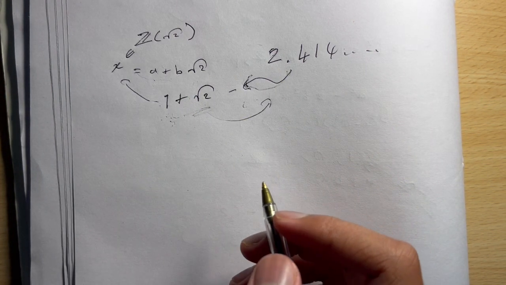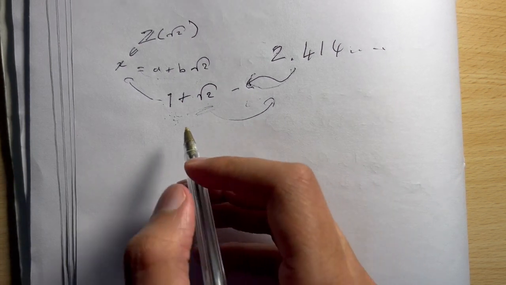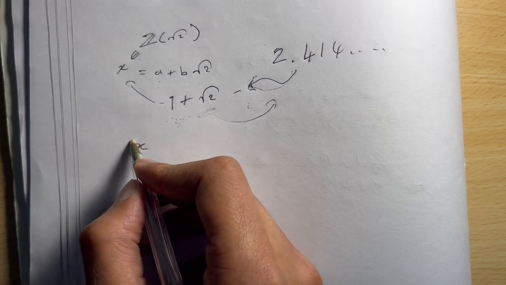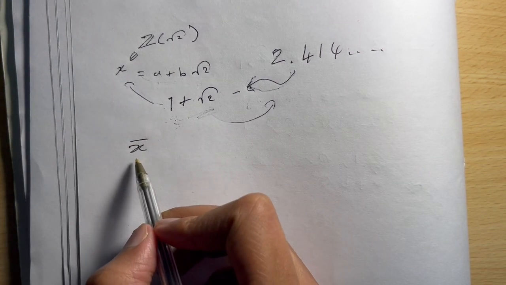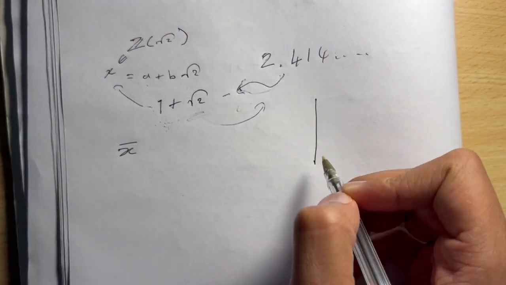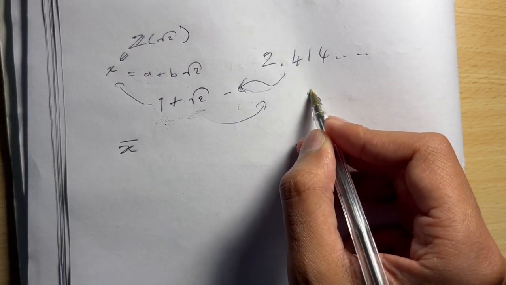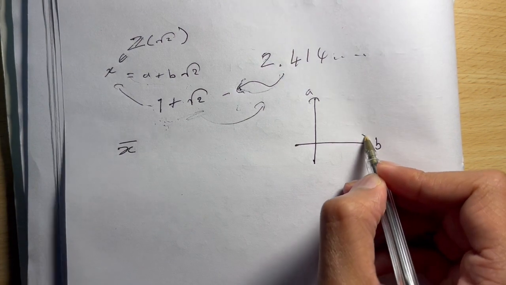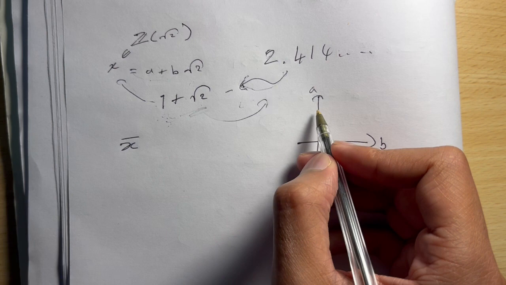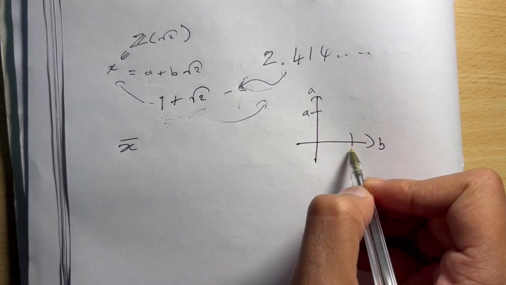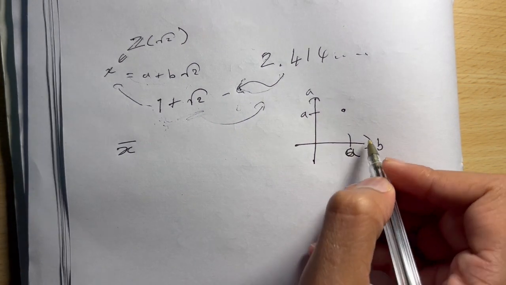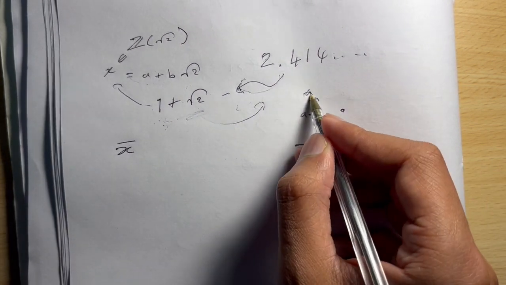What's next is, inspired by the complex numbers, we want to make a z bar, a conjugate. So if we want to see it as a picture, maybe we have a along here and b down here. This is the 1 axis, and this is the square root of 2 axis.